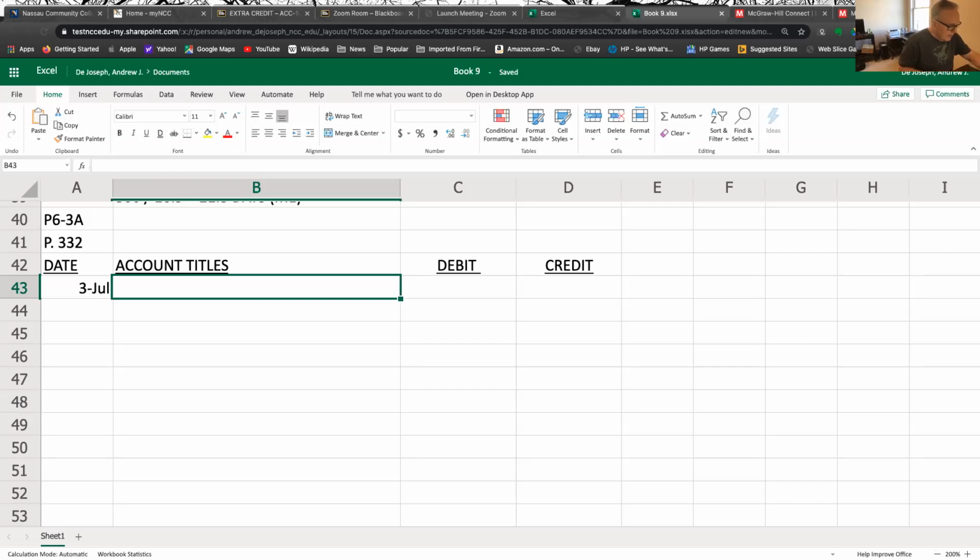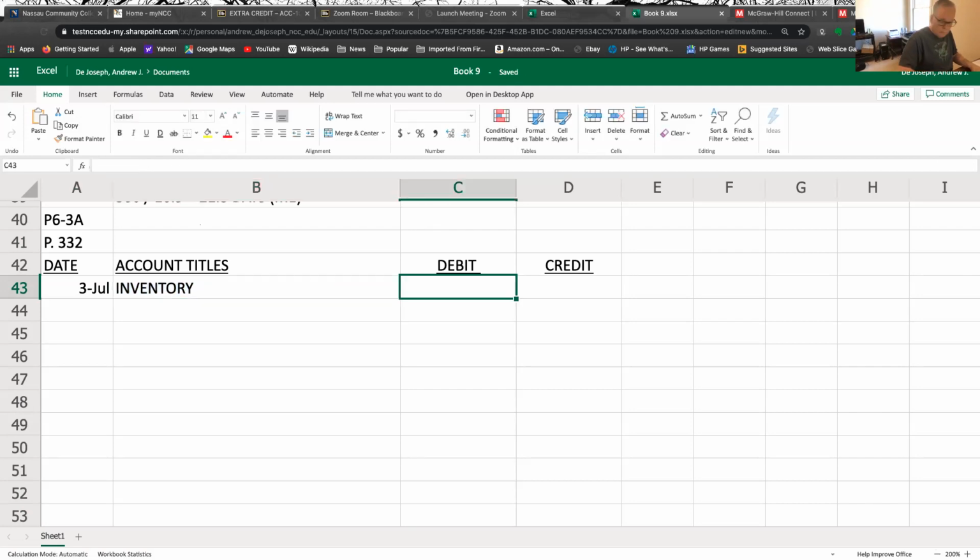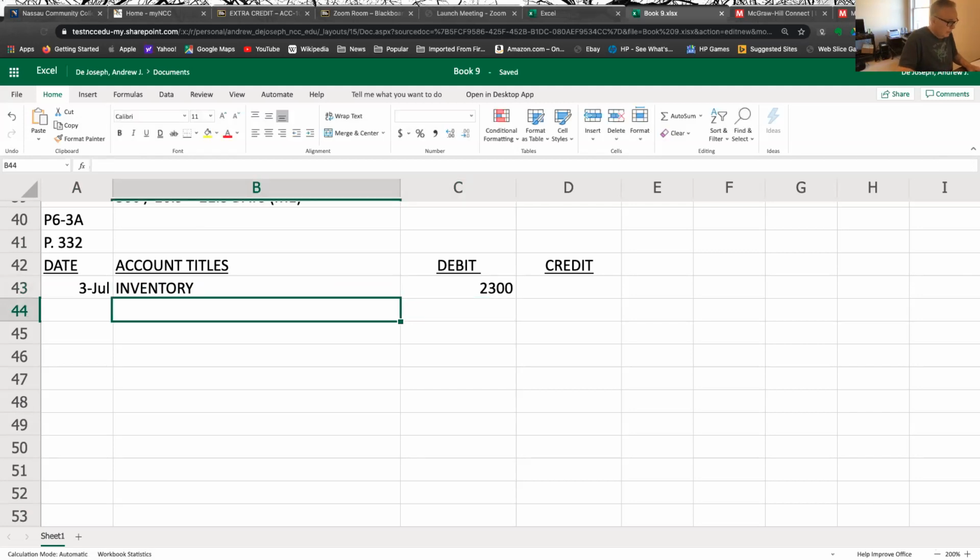Not that anybody does that anymore, I don't think, but imagine that we did. So anytime we buy CDs, that's inventory. So we're going to debit inventory for $2,300.